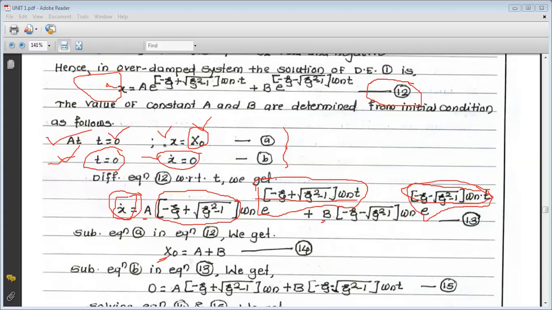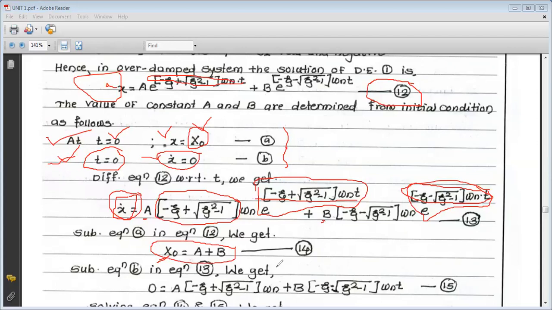So e raised to 0 is 1, and this whole term becomes 0. So x is equal to a. Similarly, e raised to 0 is 1, so it is a plus b. By substituting the first initial condition, we get x0 equals a plus b. This is the first equation.